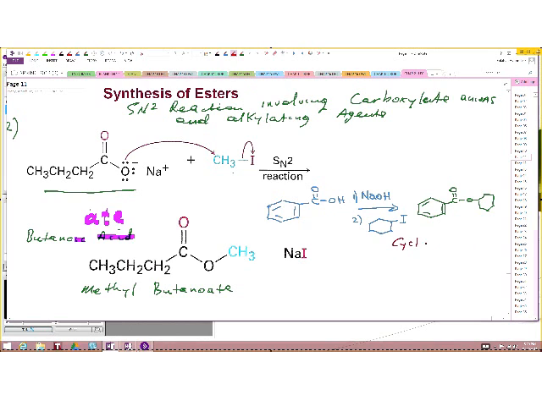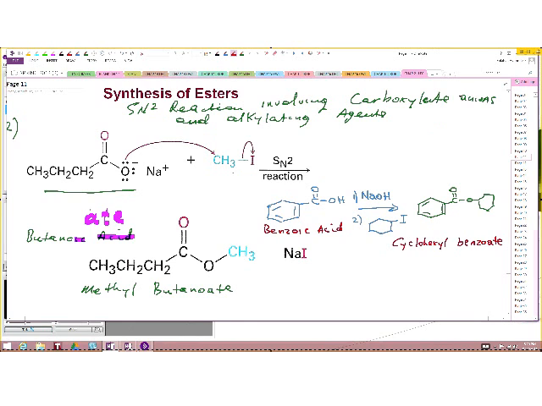Cyclohexyl, one word, and benzoate. Because this is an ester of benzoic acid. This is benzoic acid here. Okay, so that is method number 2 for making esters.